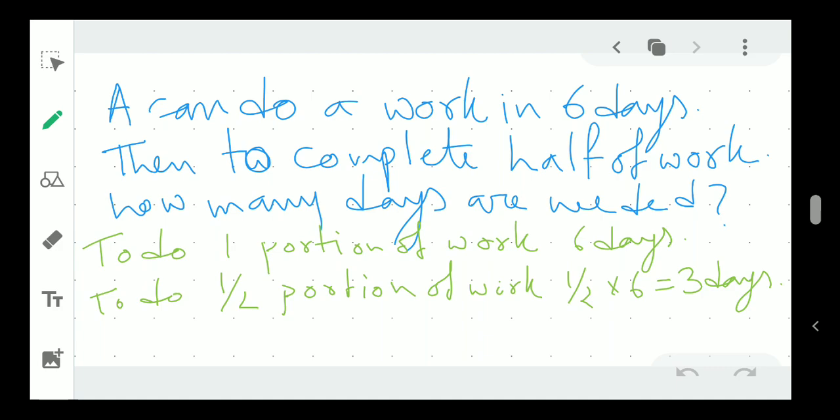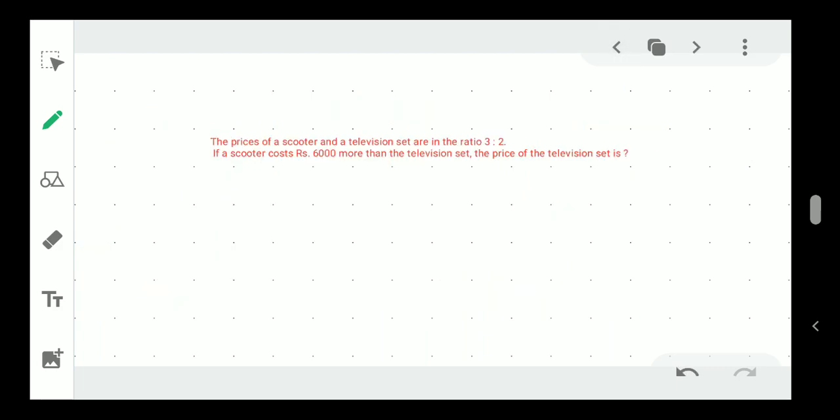This kind of maths are used in fraction related problems. Regarding your ratio, this kind of math is important. Now this math is very much easier when you apply algebra. So the math is: the price of a scooter and a television set are in the ratio 3:2.